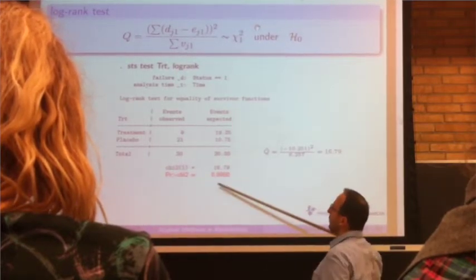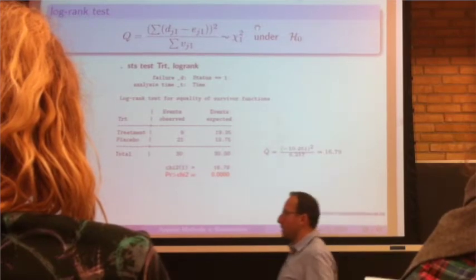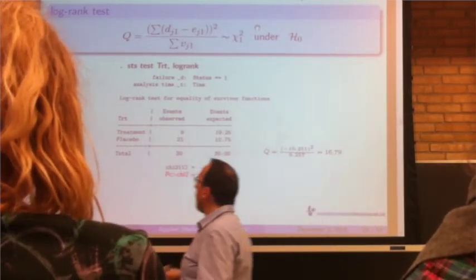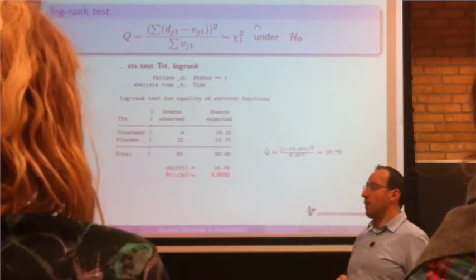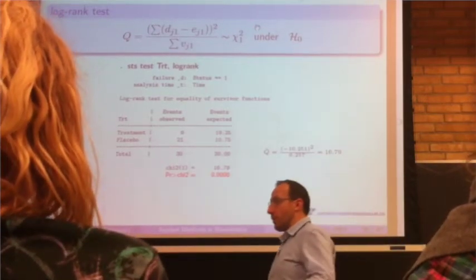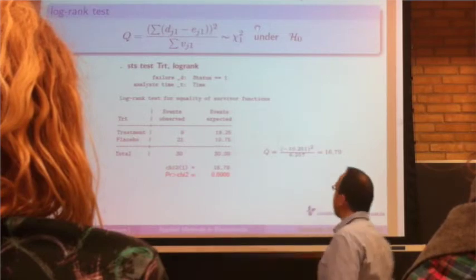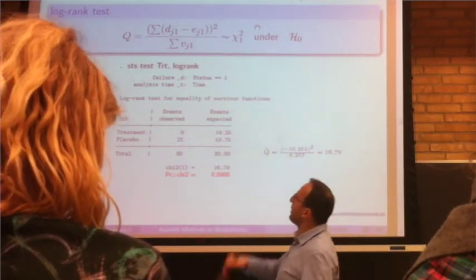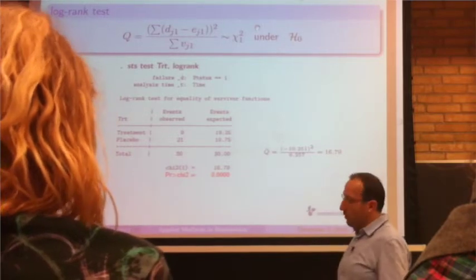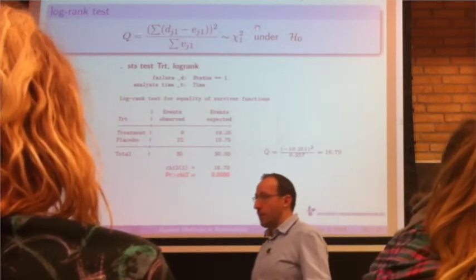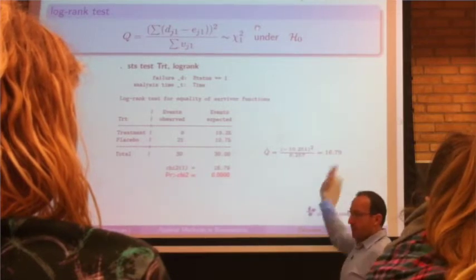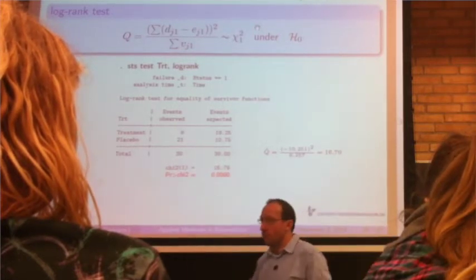The p-value gives you some information about the evidence concerning the null hypothesis. The smaller the p-value, the more evidence you have against the null hypothesis. And it's the same way here. The higher the value of the test statistic, the more evidence you have against the null hypothesis. But you can't say this is much or little. That's why you look at the p-value.